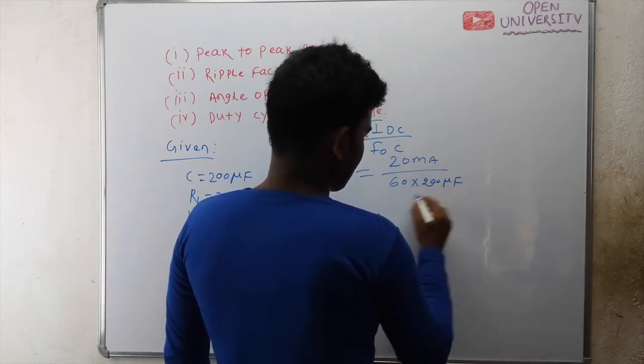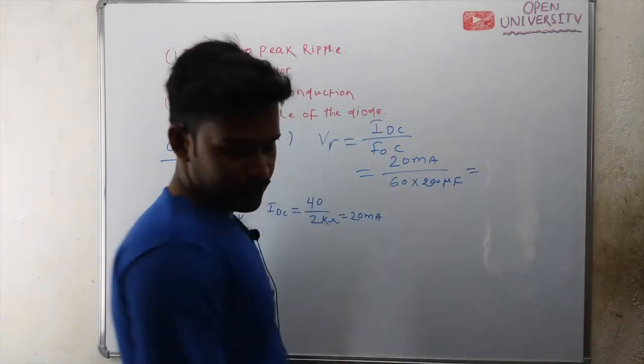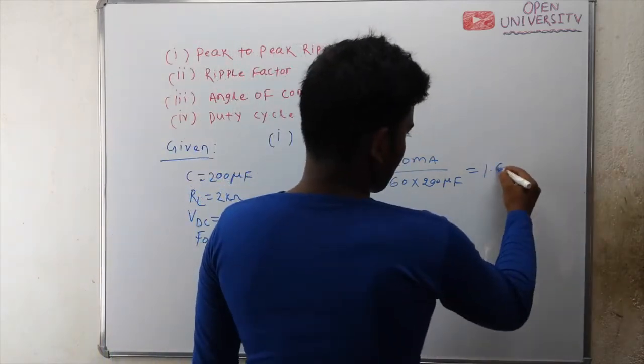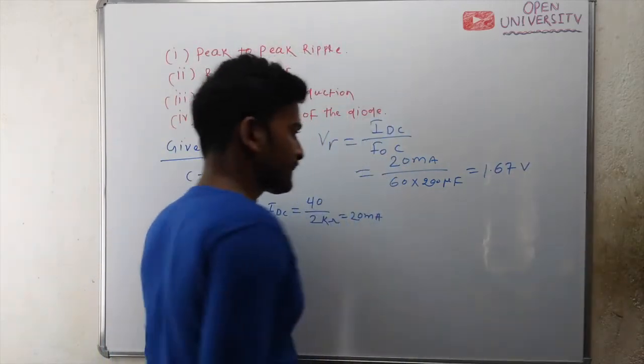If you calculate, peak to peak ripple voltage will be 1.67 volt.